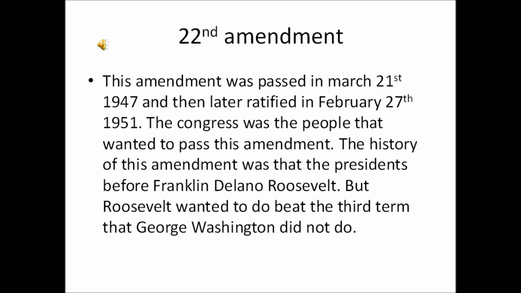The Congress was the people that wanted to ratify this amendment because the presidents before Franklin Delano Roosevelt only had 2 terms, rather than him, who wanted to win 3 terms and stay there to achieve the 3rd term that George Washington did not accomplish.